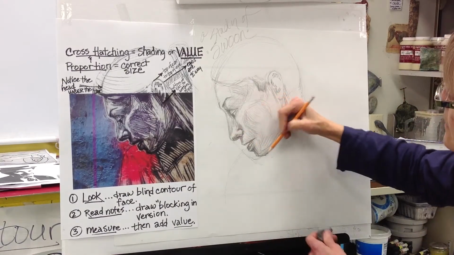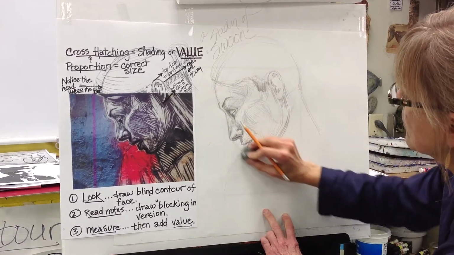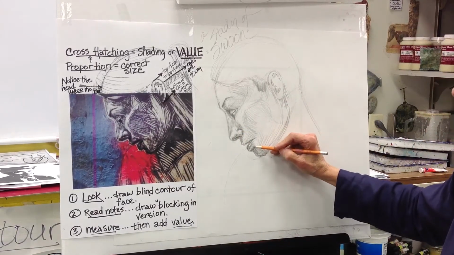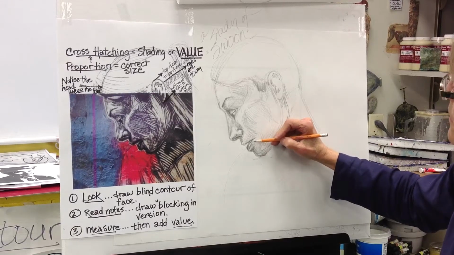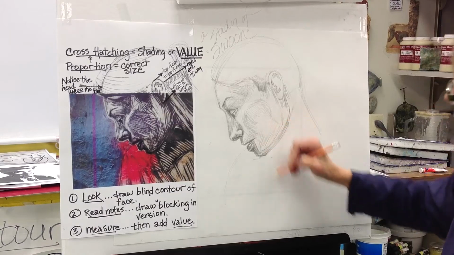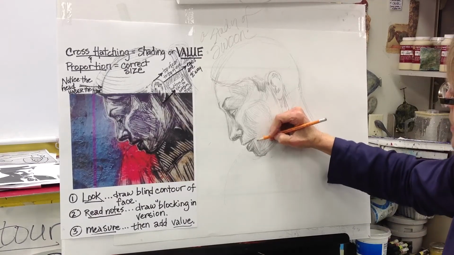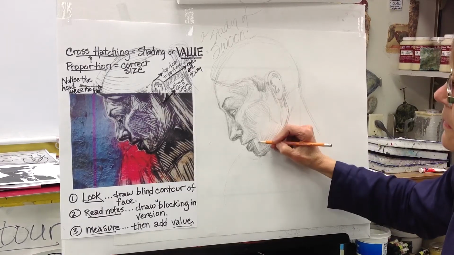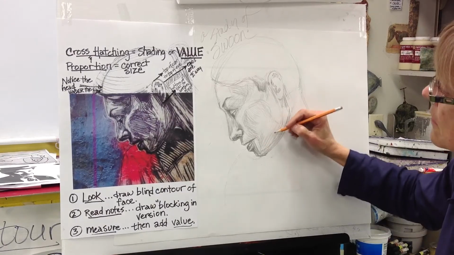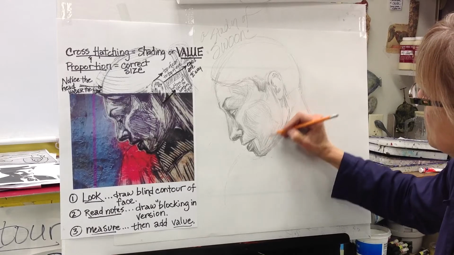These are the guidelines I used to get started. I'm going to get rid of those. I think a little bit more work right here. And I don't want to lose that white shape right here. And I need to just keep building this up.